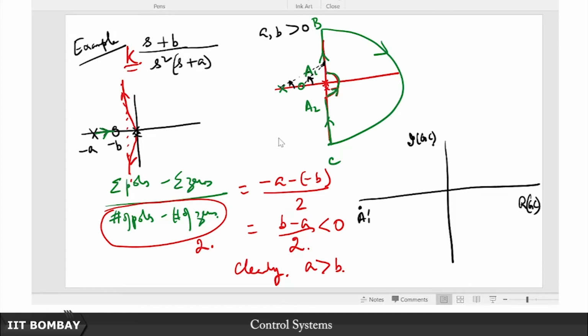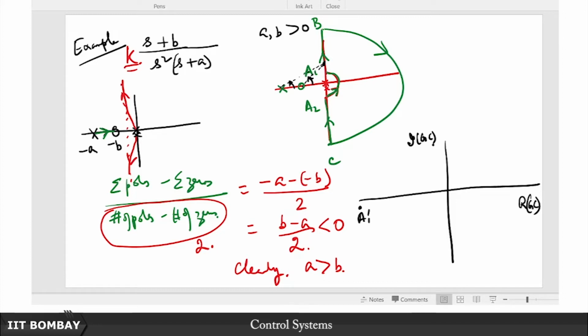But where are these? These will be somewhere in the third quadrant, because going in the clockwise direction is counted as a negative angle, negative phase. You go all the way up to minus 180 degrees, and then you are forced to go a little clockwise depending on the contribution of this pole 0 accumulated together. So basically you are bound to remain in this third quadrant of the GC plane in going from A1 to B.